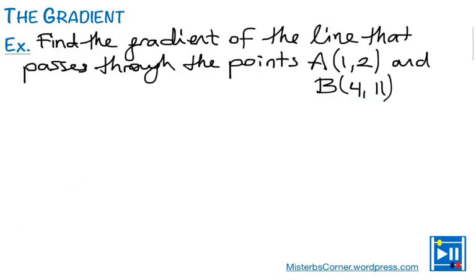Right, the question says find the gradient of the line that passes through the points A and B with the coordinates given. Now, to find the gradient of this line, I have to find the change in y and compare it to the change in x. That also I need to find. So we know that this is the x value, this is the y value, right?